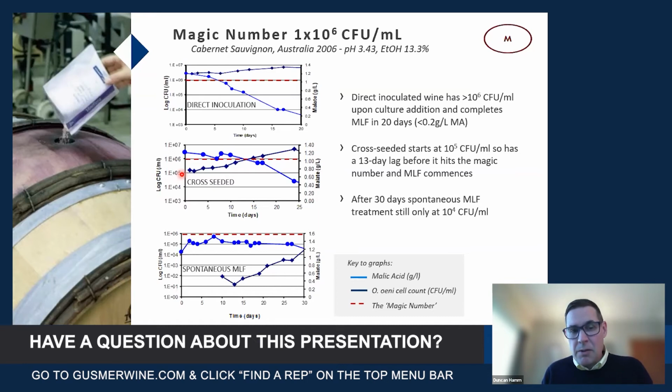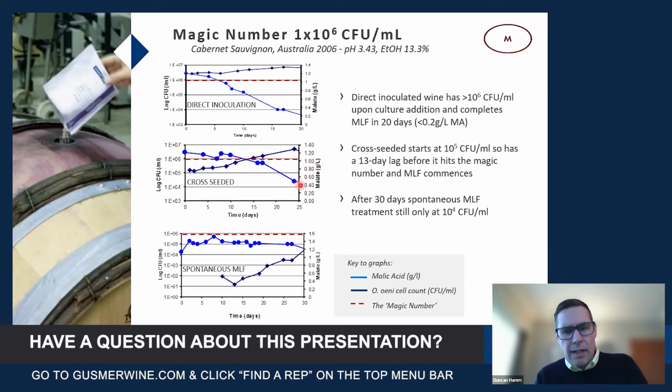The cells are surviving and growing slowly, but they're taking around 13 to 14 days before they actually hit the magic number. We've highlighted the magic number on all of these graphs by this red dotted line, which is 1 million cells. Once it hits the magic number, we start to see the malic acid drop. So this does really highlight the importance of the magic number.